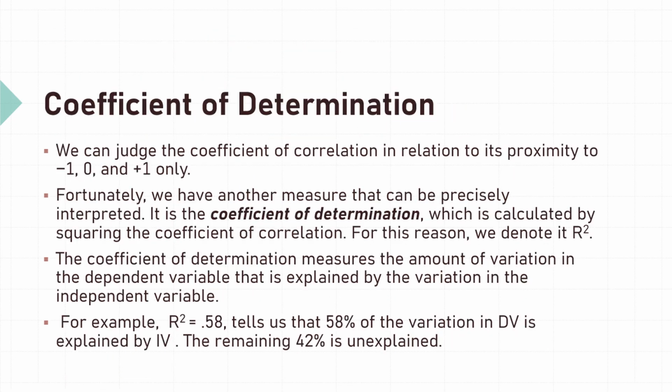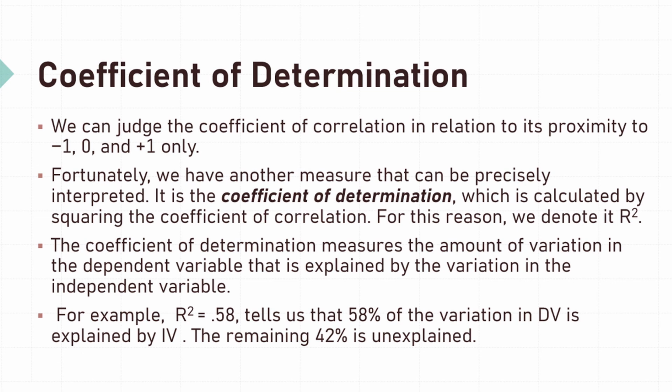And the third one is the coefficient of determination. We can judge the coefficient of correlation in relation to its proximity to -1, 0 and +1 only. However, we are fortunate enough to have another measure that can precisely interpret it.